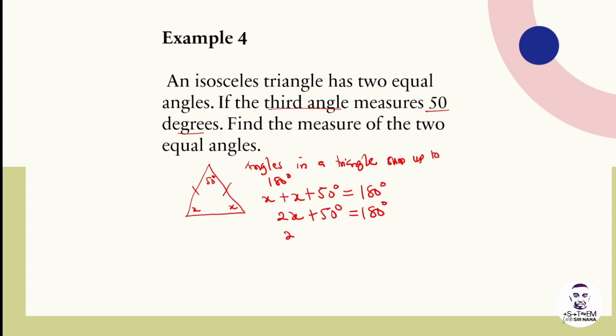So 2x, we group like terms, so move the constant to the other side. So it's equal to 180 degrees minus 50 degrees. So it means 2x will be equal to 130 degrees. So we can divide both sides by the coefficient of the x, which is 2. So it means that our x will be equal to 65, because 2 times 65 will give us 130.